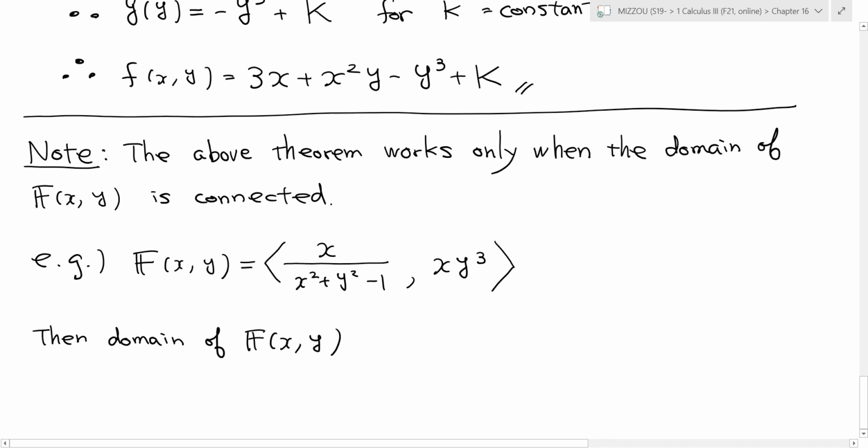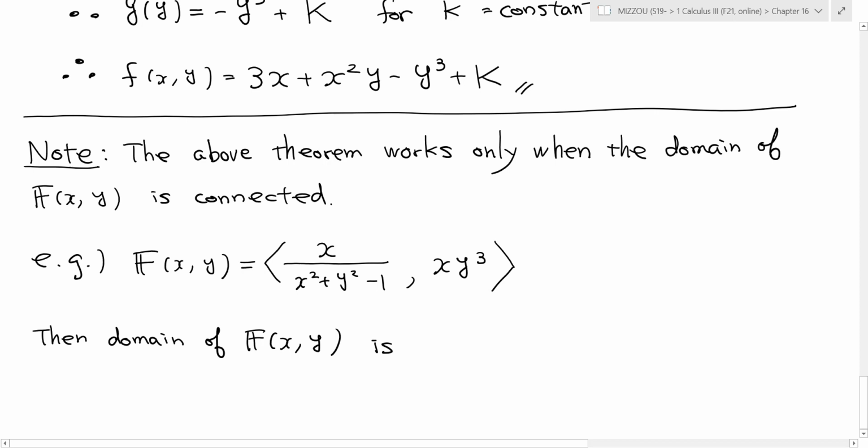Okay, without getting any trouble, which x, y can be plugged in for this case? Well, for the y component, you can plug in any x, y you like without getting in trouble. But here, you don't want to have 0 on the denominator, so you have to exclude x, y such that x squared plus y squared minus 1 is 0.